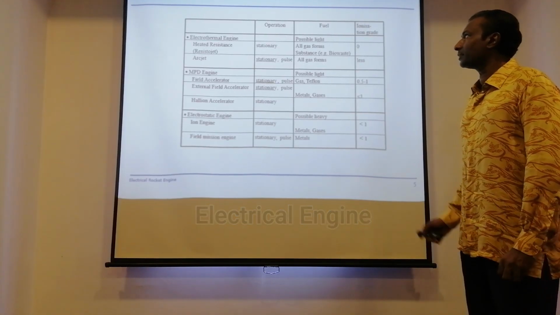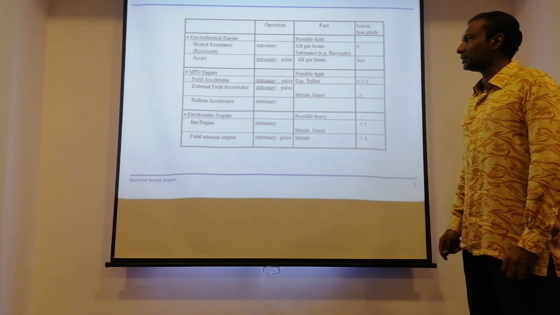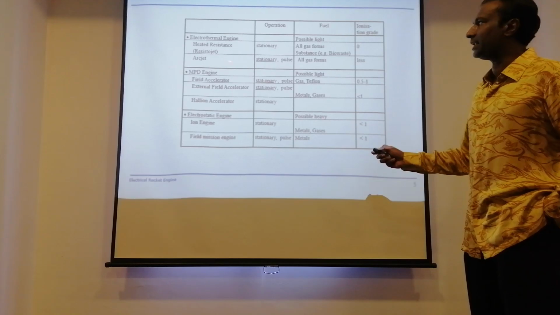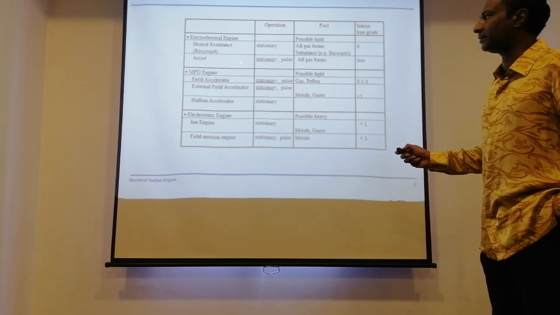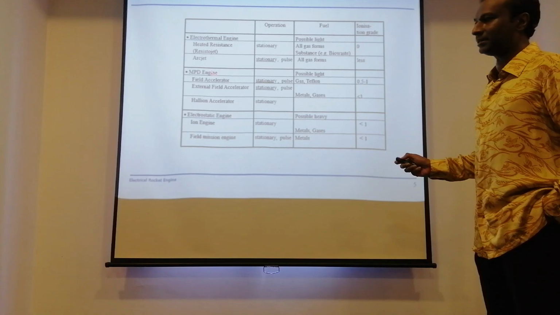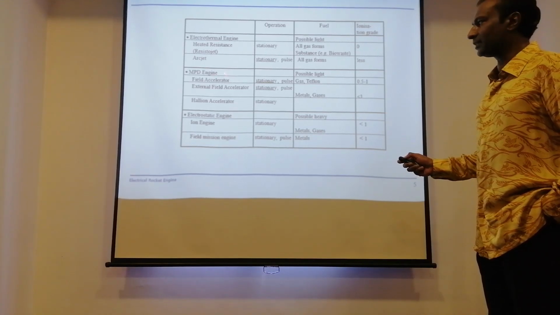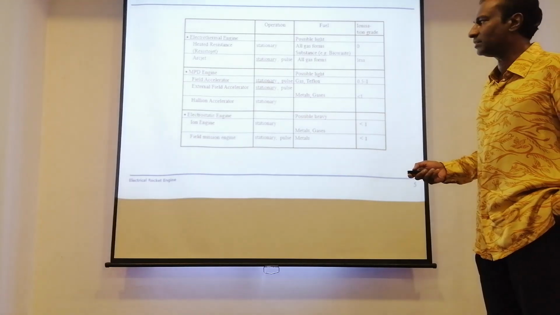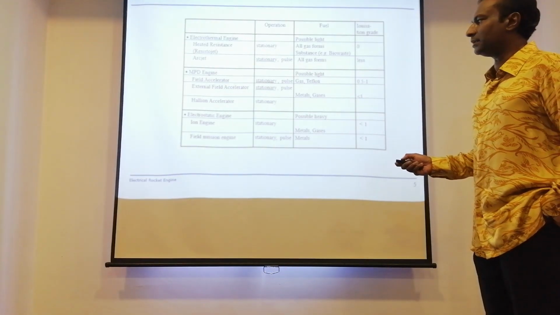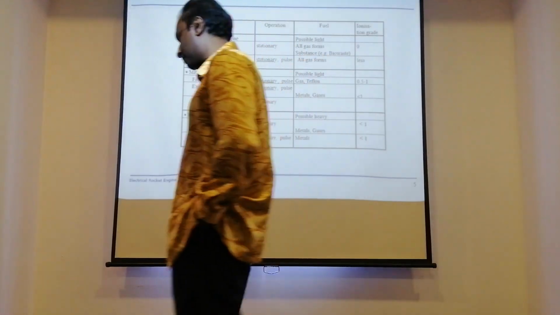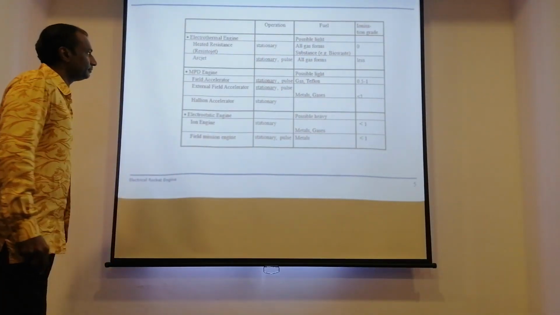Now for the electrical engine. I have divided it into three: the electrothermal engine, which I will explain; MPD, magnetoplasmadynamic engines, and when you say plasma, you already know it's a very ionized stage; and electrostatic engines. So there are three types of engines in an electrical propulsion system.